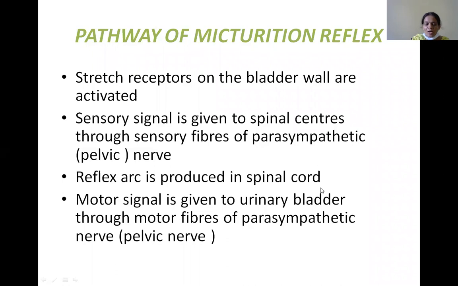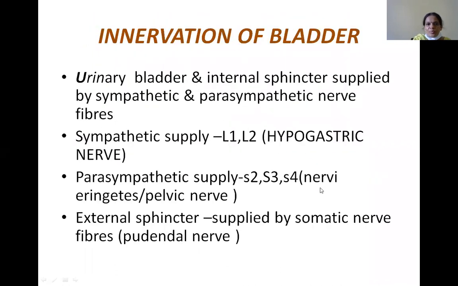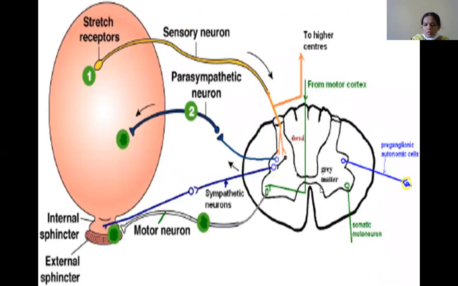Whenever the bladder is getting filled up, that is sensed by the stretch receptors present in the bladder, and this information is carried through the sensory neuron, the parasympathetic pelvic nerve, to the sacral region of the spinal cord.